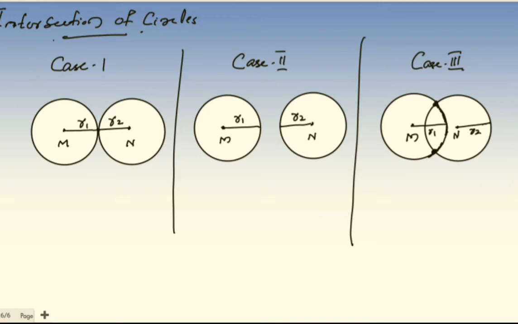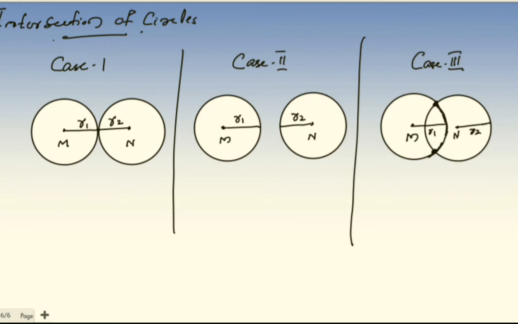You understand? So how do you check whether they touch at only 1 point, 2 points, or do not touch? For that, we can see that the center of the first circle is M and the second circle is N. Even if the 2 circles are identical or of different size, there's no problem. So how do we identify that? Look at the first case.